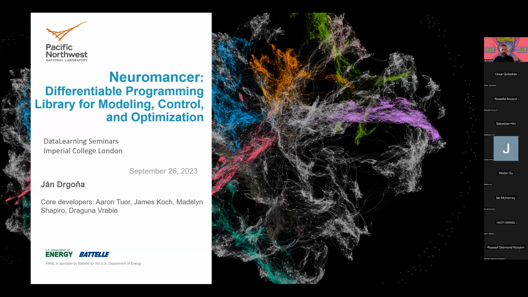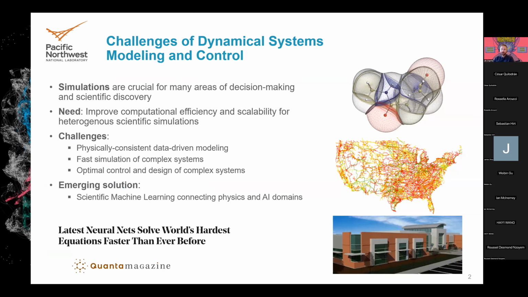Since we are a Department of Energy National Lab, our primary interest is to satisfy the requirements of our sponsors that come from various application areas, from basic energy sciences to power systems and energy systems in buildings, where simulations are crucial for all sorts of scientific discovery and decision making.